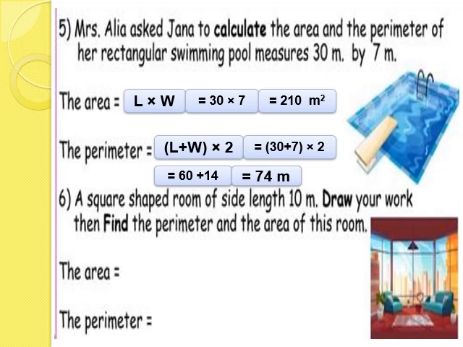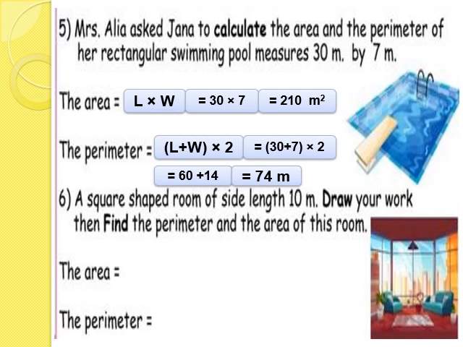Another example: a square shaped room of side length 10. Draw your work, then find the perimeter and area of this room. So I have a square room, in the shape of a square. I need only one length because the square has 4 equal sides.